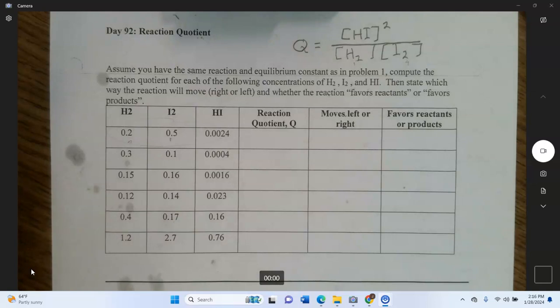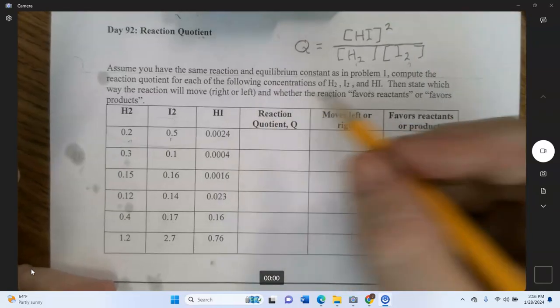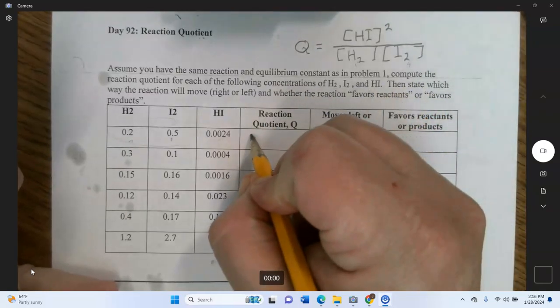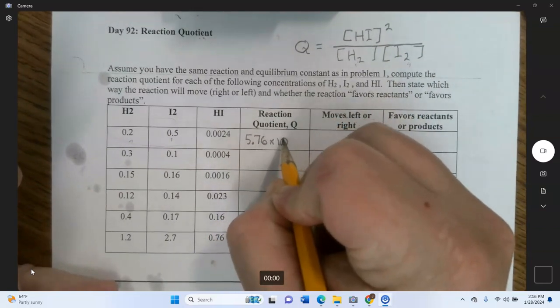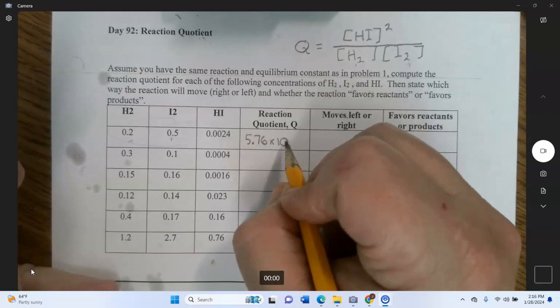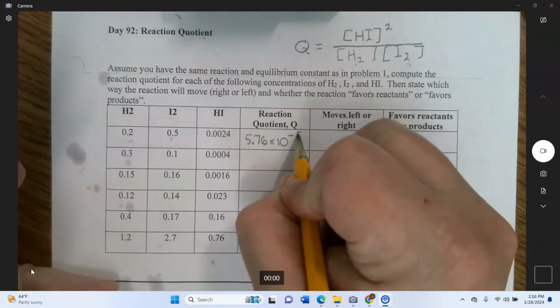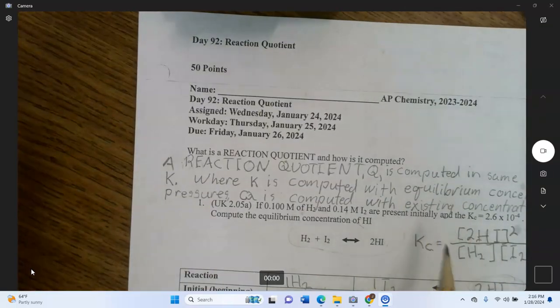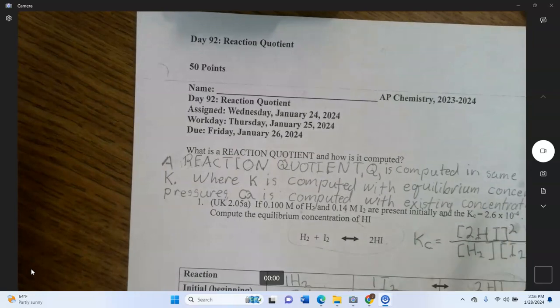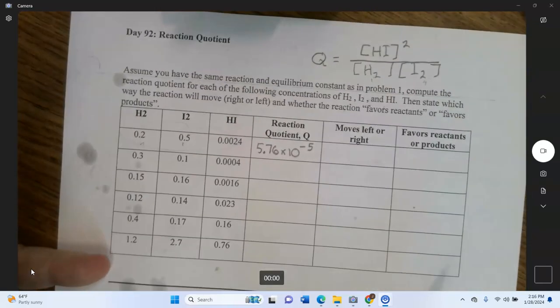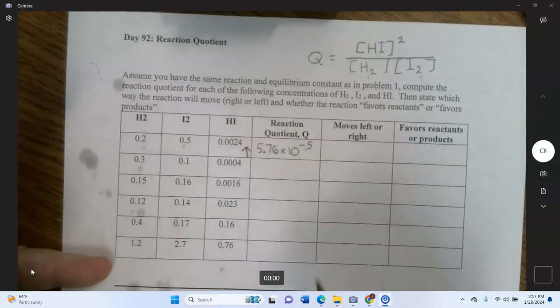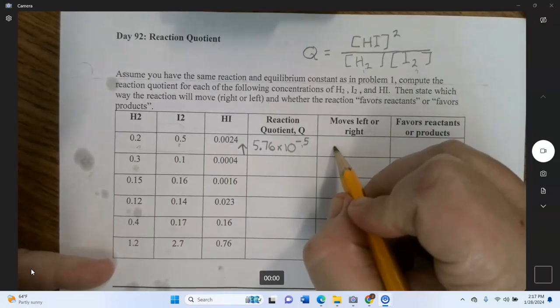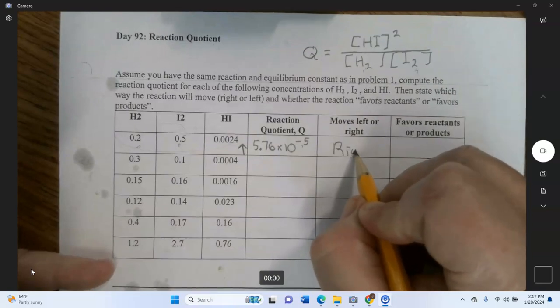And that gives us 5.76 times 10 to the negative 5. Okay. And what was the equilibrium constant? It was 2.6 times 10 to the minus 4. So that means this is smaller than the equilibrium constant. It wants to move up. That means it's going to move in the direction of products, move to the right.